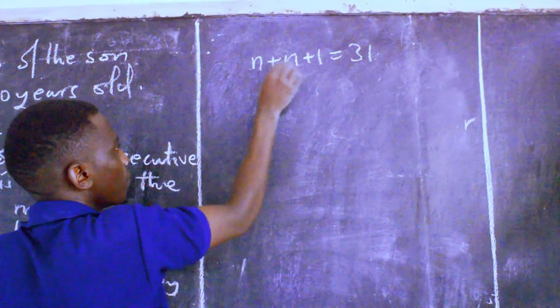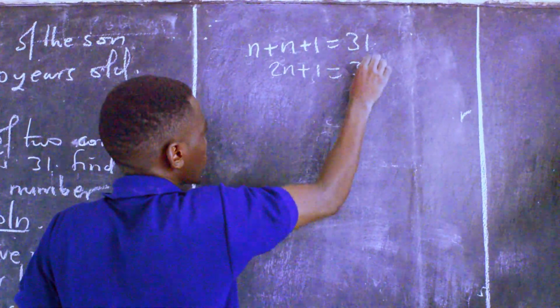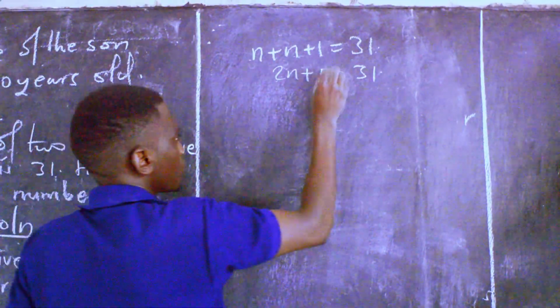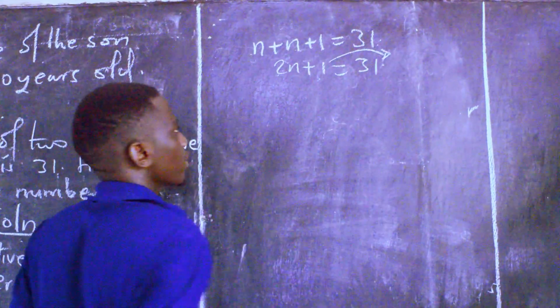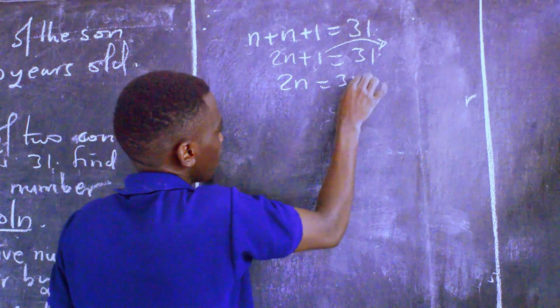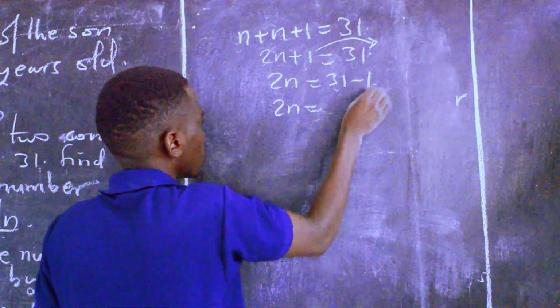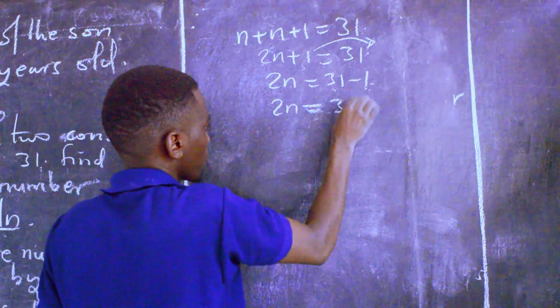You add n plus n, here you get 2n. This 1 here is positive; once it comes on this side, it becomes negative. So 2n is equal to 31 minus 1, here you get 30.